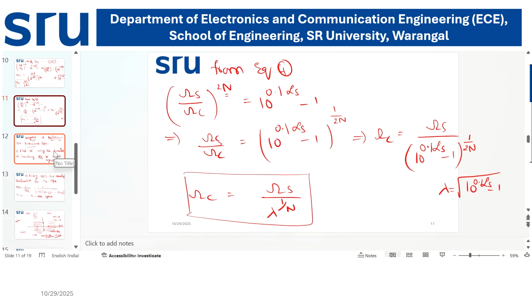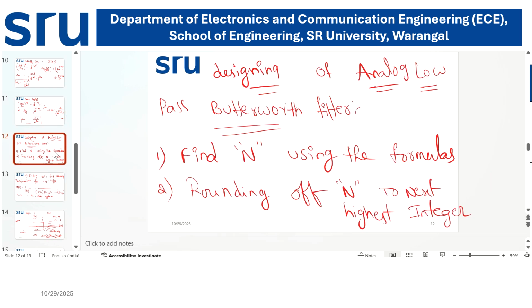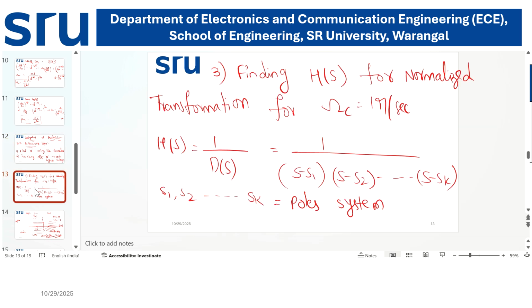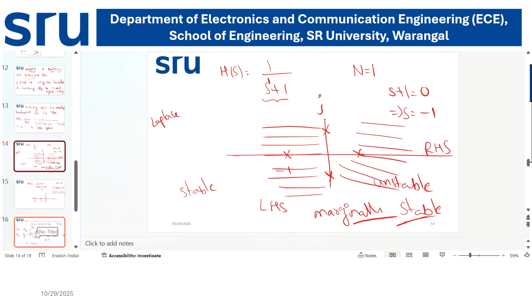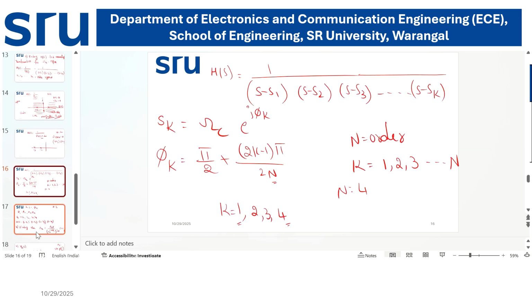Then the designing steps of the low pass filter. First, using the given specification we find the order of the filter, then round off to the next highest integer, then find the transfer function for the normalized frequency, that is omega c equal to 1 radian per second. Depending upon the order of the filter we have that many poles, and poles can be determined using the formula.